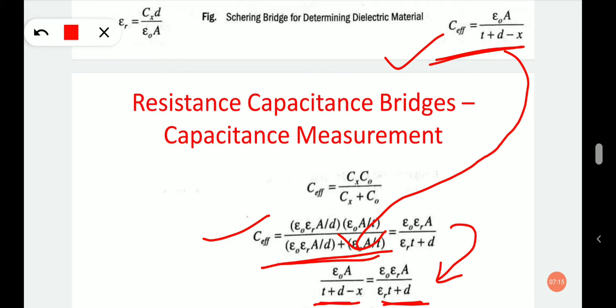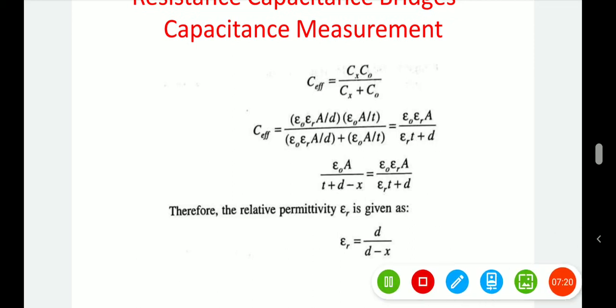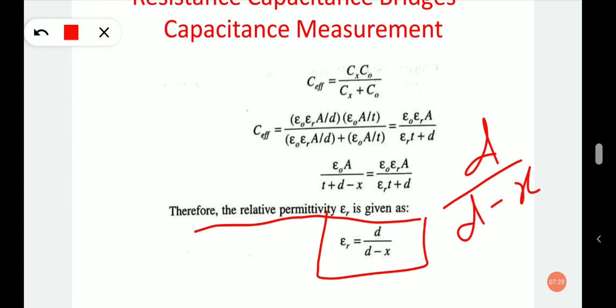Therefore, the relative permittivity is given as epsilon r equals d upon d minus x, and this equation gives the required relation for relative permittivity of the capacitance under measurement.